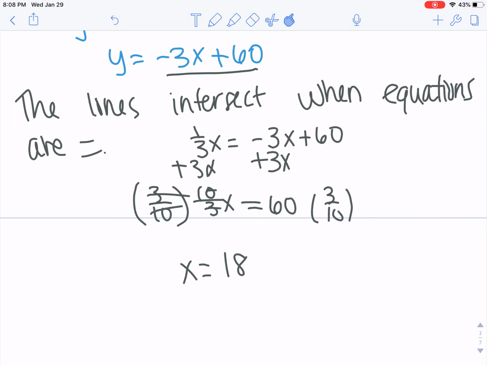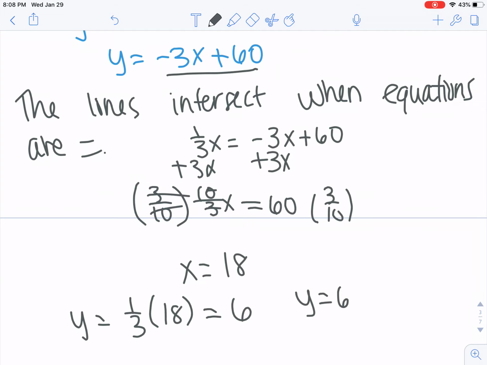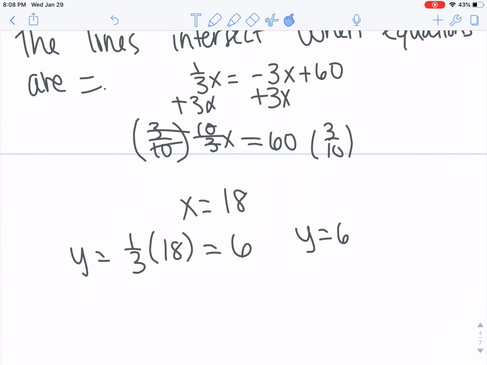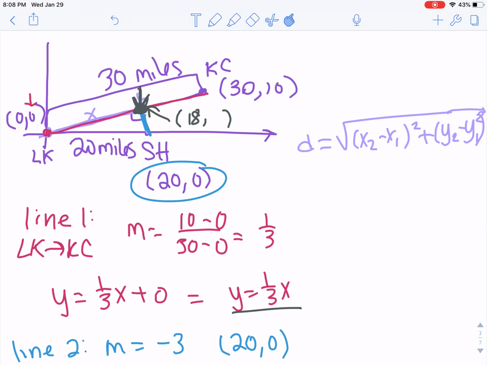So you can plug it into either equation and then solve for y. I'm going to plug it into the easier one. So I'm going to go 1/3 times 18. And 1/3 of 18 is 6. So the y value is 6. Okay? So that tells me that the intersection point is at 18, 6.